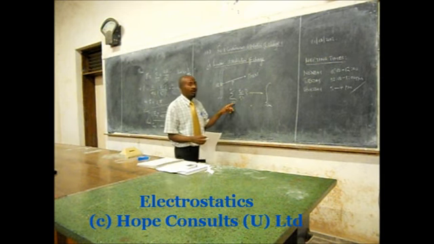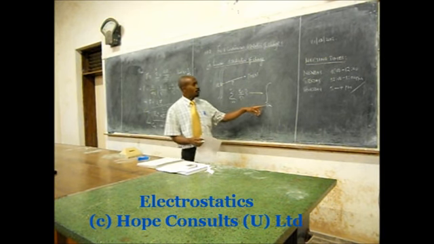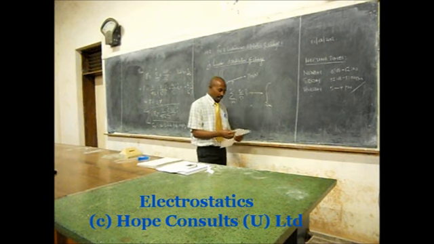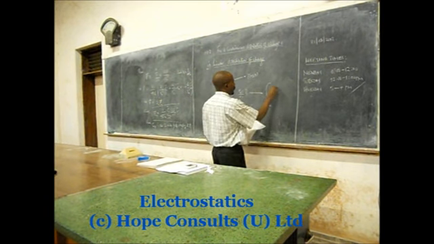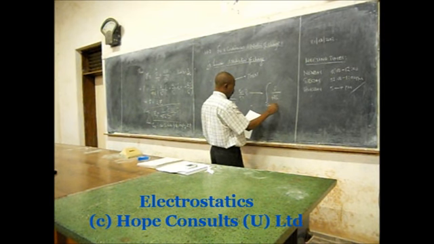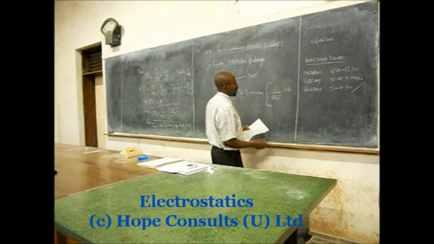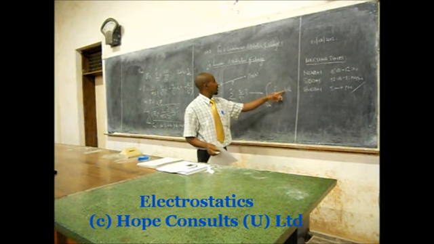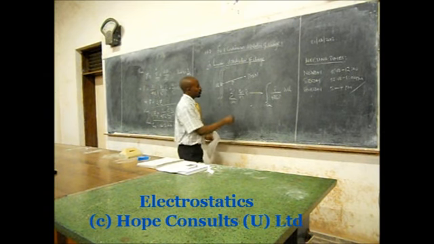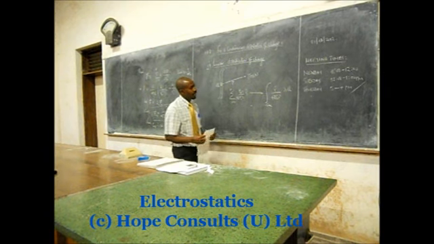Just like you had to count all these charges up to n of them, now you move along the line, and you have r roof over 4 pi epsilon naught r squared lambda dl. Actually there should be a 4 pi epsilon naught here.